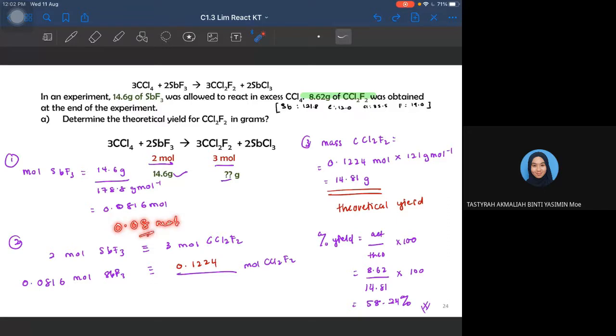Jangan terus bundar sebab nanti bila kamu carry forward dalam next calculation, final answer tu akan lari jauh. So that is why kalau melibatkan mol ataupun selagi belum lagi final answer, kamu ambil je 4 decimal ataupun significant figure lah, mana je. So bila final answer, barulah kamu bundarkan pergi 2DP.